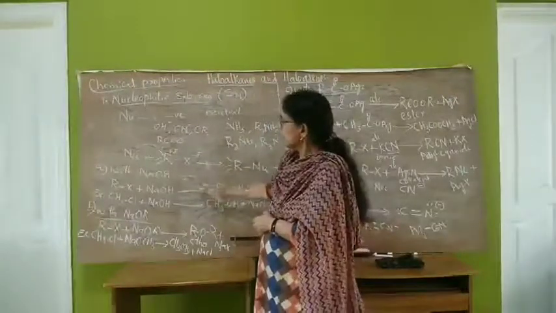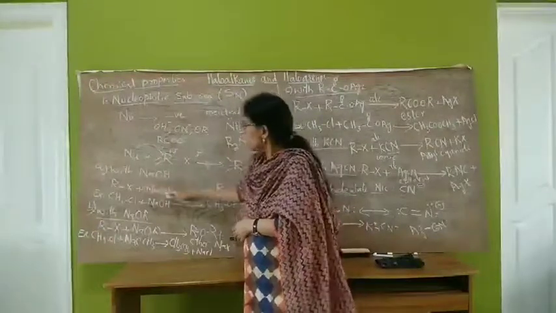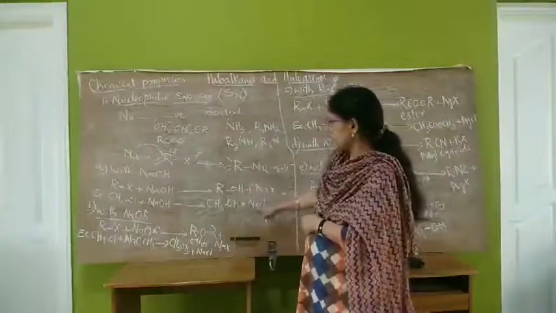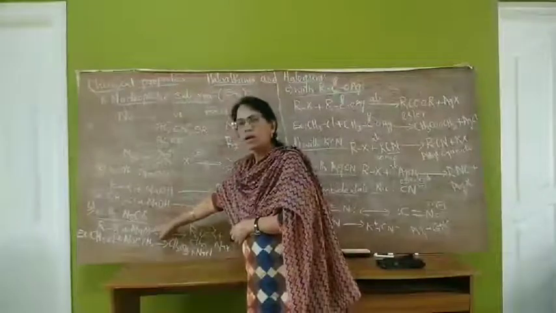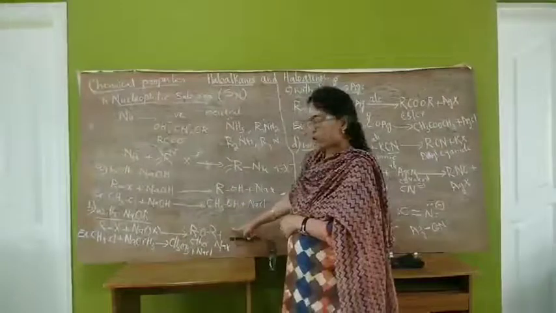Therefore, it is called a nucleophilic substitution reaction. Some of the nucleophilic substitution reactions are with NaOH. When alkyl halides are heated with NaOH, alcohols are formed. The next is with sodium alkoxide. When alkyl halides are heated with sodium alkoxide, ethers are formed.